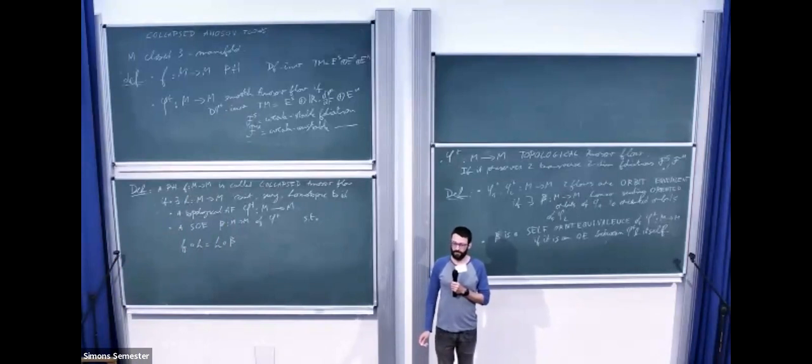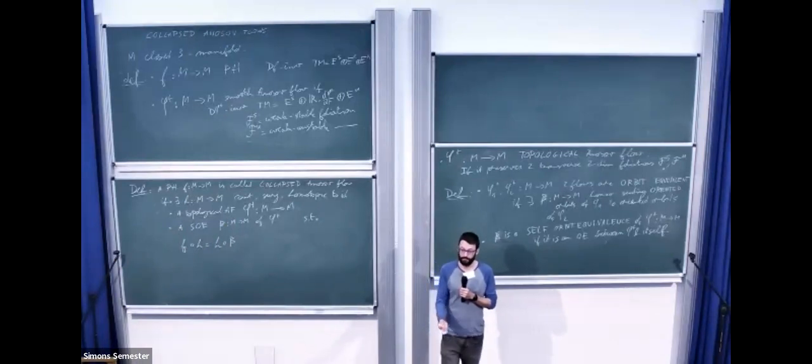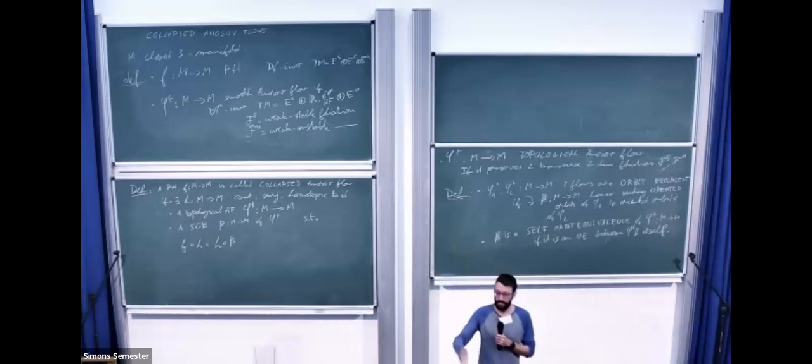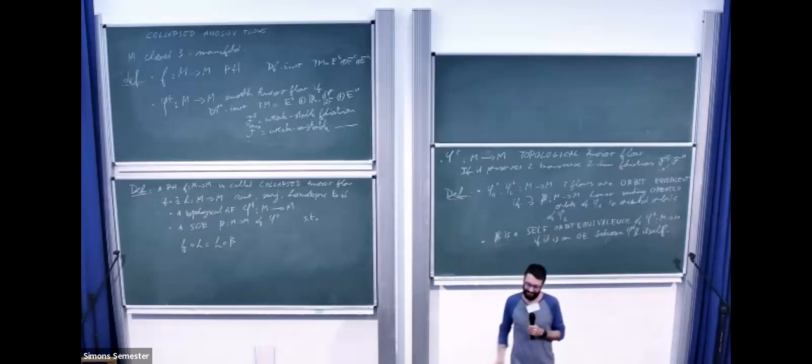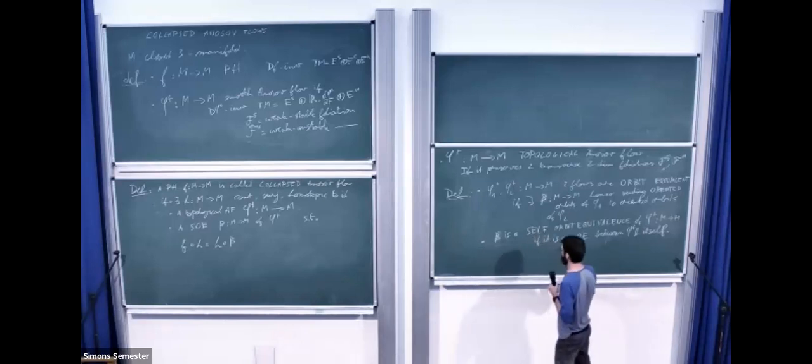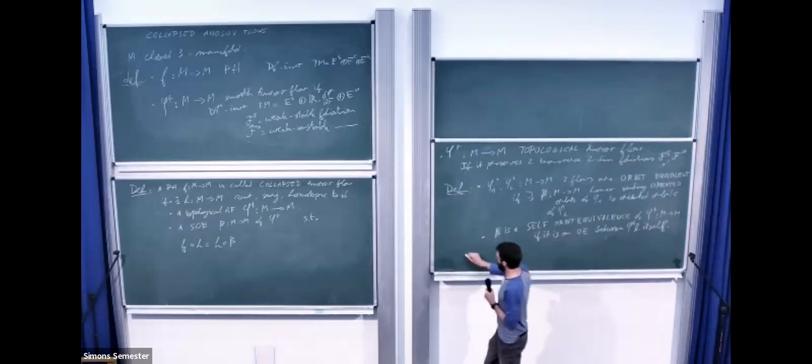Yes. The self-orbit equivalence sends orbits of the flow to orbits of that same flow. It's a symmetry. It's the symmetries of the flow. Yeah, in general, except, well, you prompt me to define here. Let's add it.